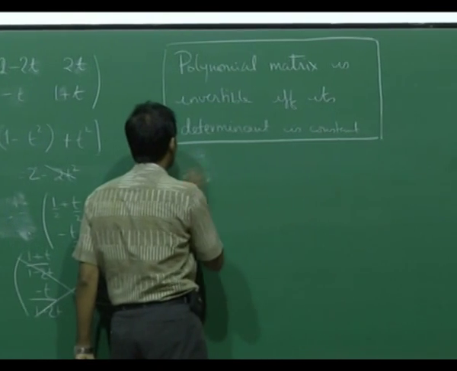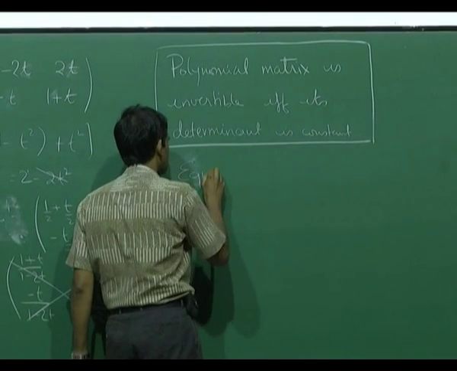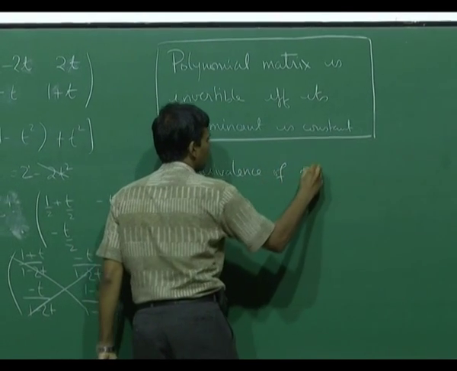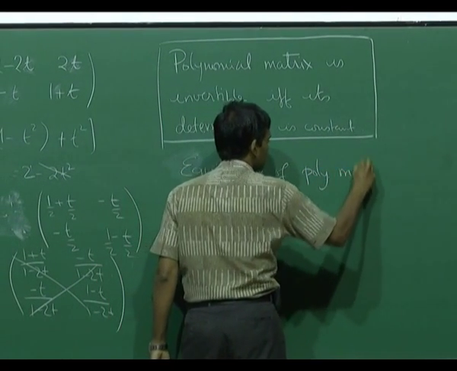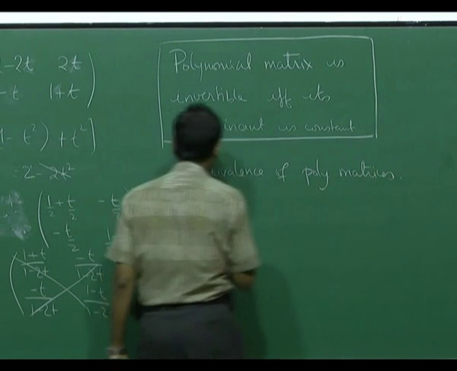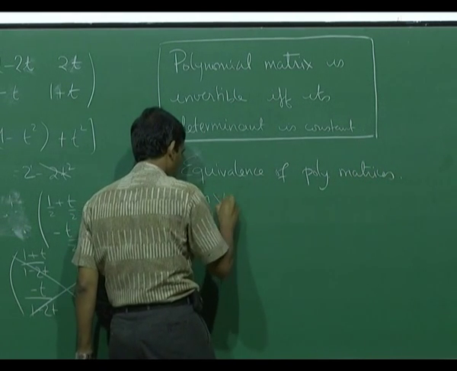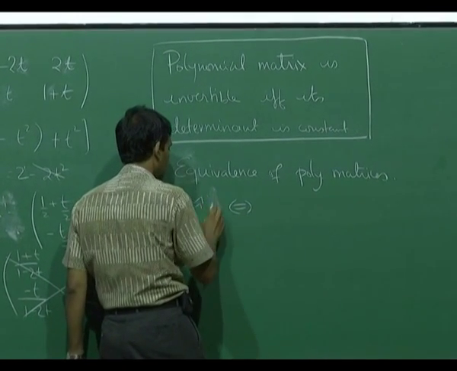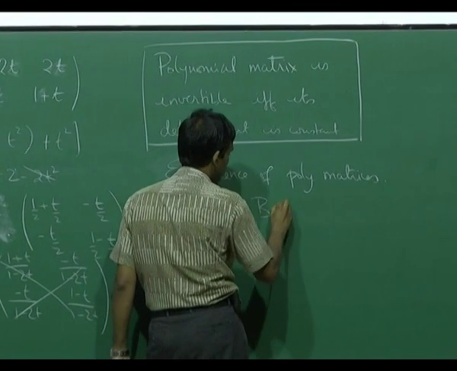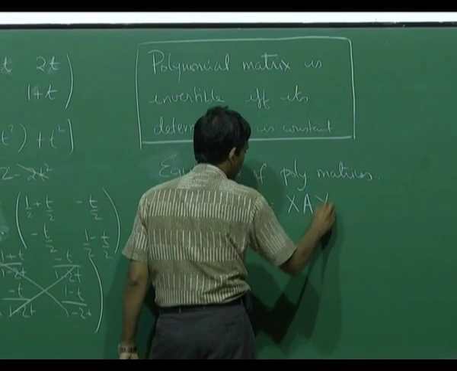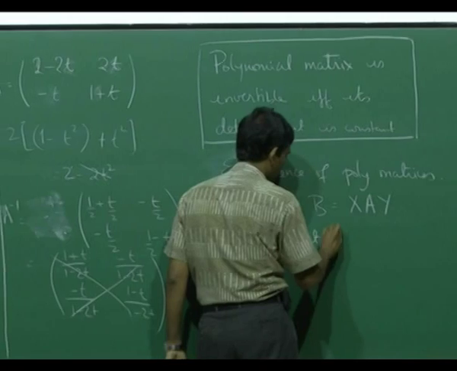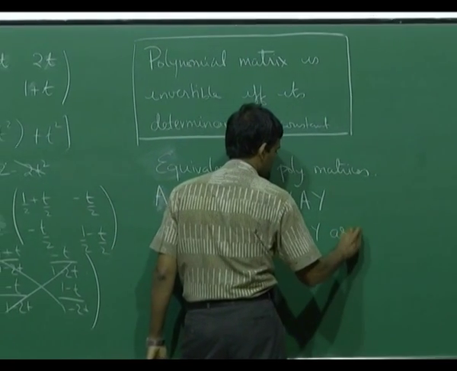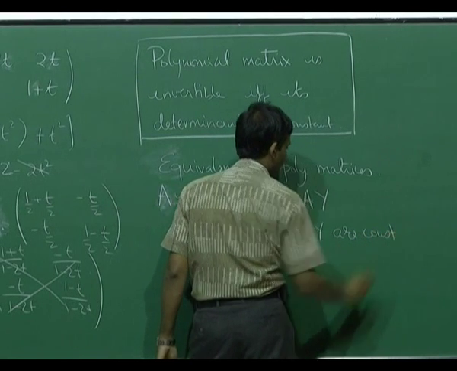So now what we want to do is study equivalence of polynomial matrices. What we have is A is equivalent to B if and only if B is X A Y, where the determinant of X and the determinant of Y are constant polynomials.